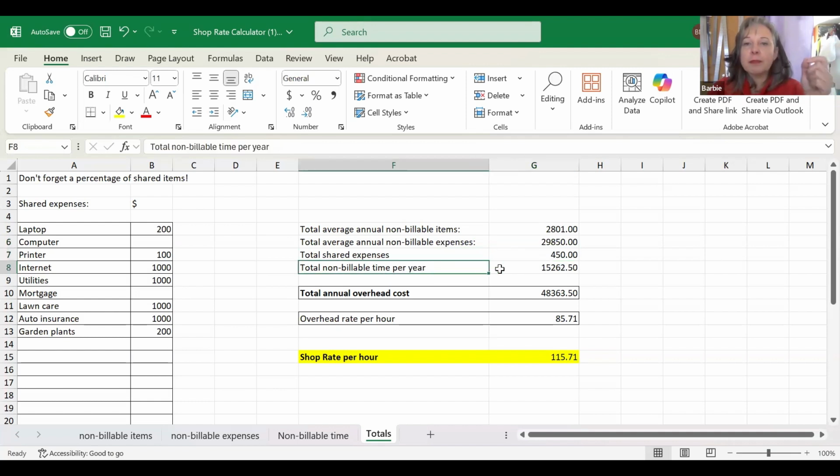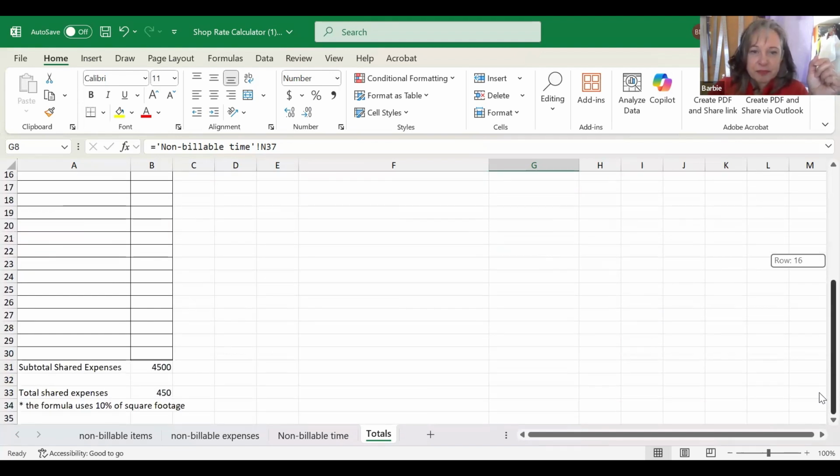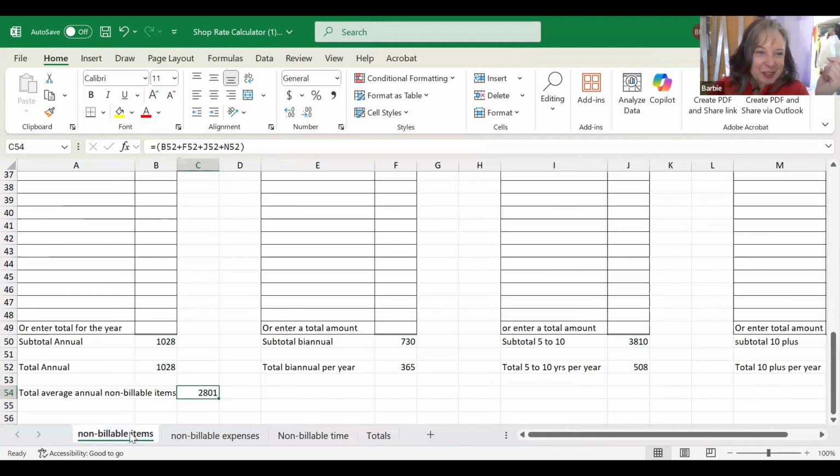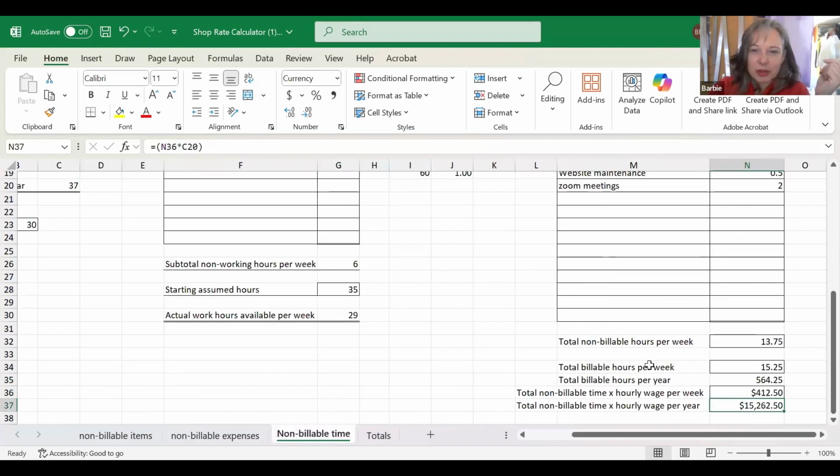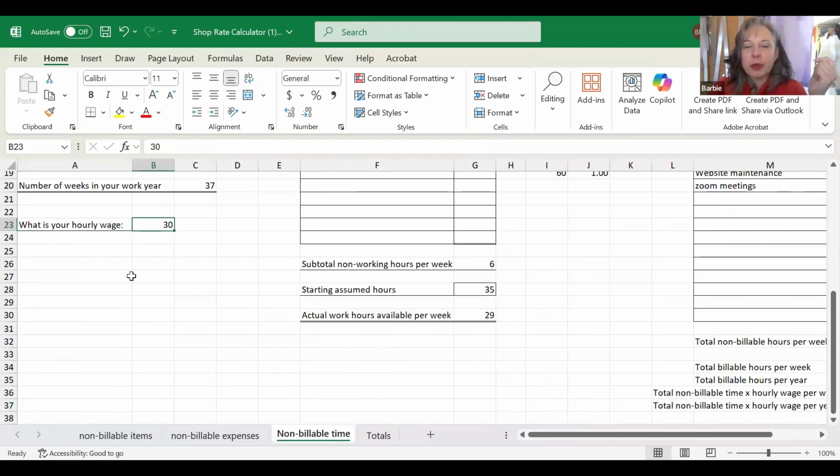Okay. Total non-billable time per year multiplied by your personal wage that you're going to pull from this for hourly wage. And for this example, let's see, I put it here somewhere, I'm sure. Okay, I just have to find it. Oh, here it is. Under non-billable time, what is my hourly wage?